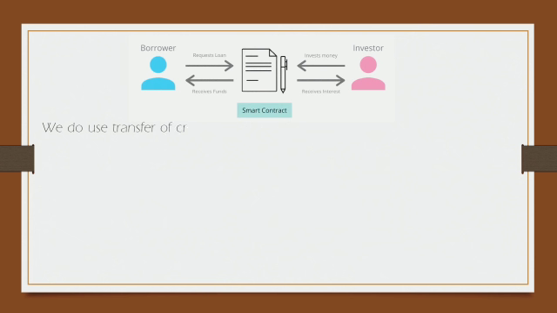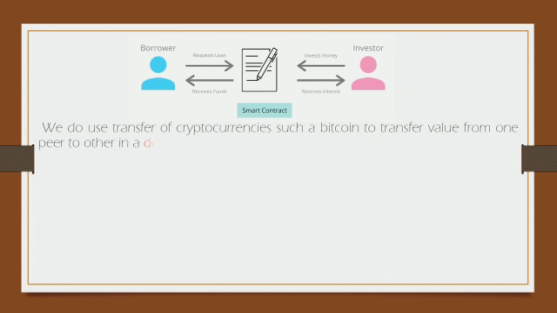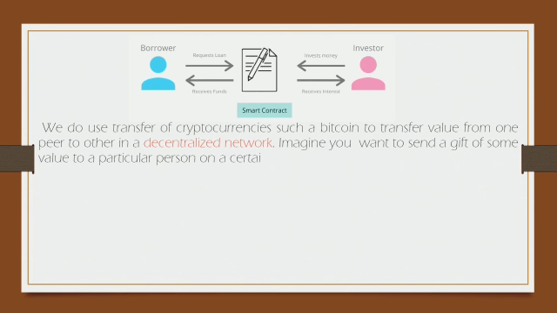We use transfers of cryptocurrencies such as Bitcoin to transfer value from one peer to another in a decentralized network. Now imagine you want to send a gift of some value or an asset to a particular person on a certain date.